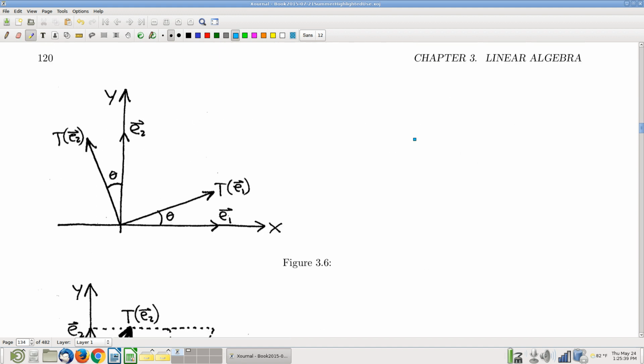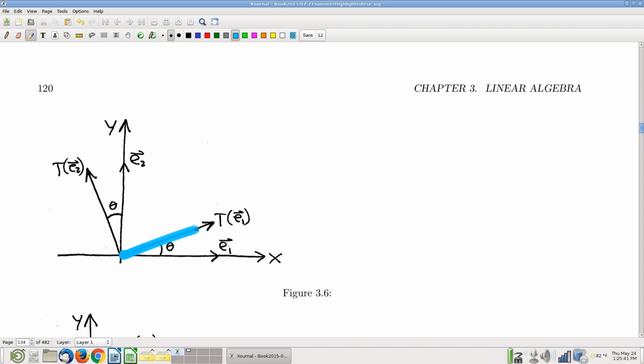Well, again, here's the picture. There's a rotation of E1. That distance was 1. That means that distance is 1. That means that I have here a right triangle. And so these are cosines and sines. Likewise, if you want to rotate E2, E2 has length 1.